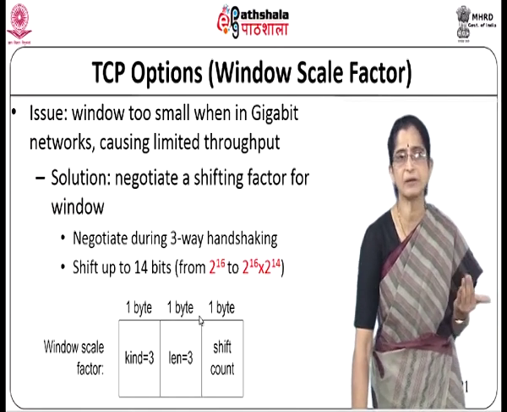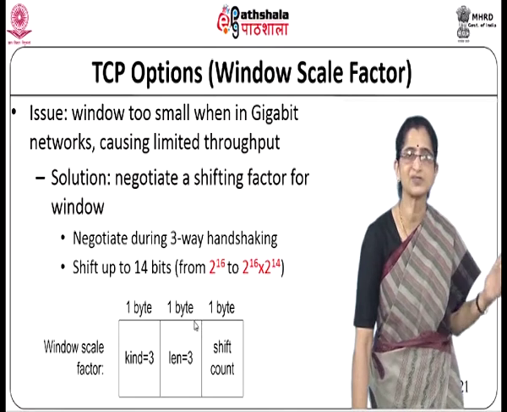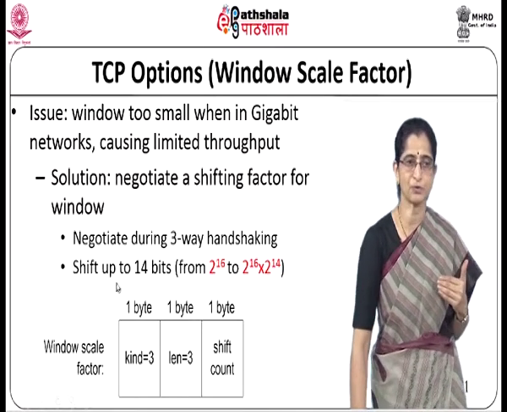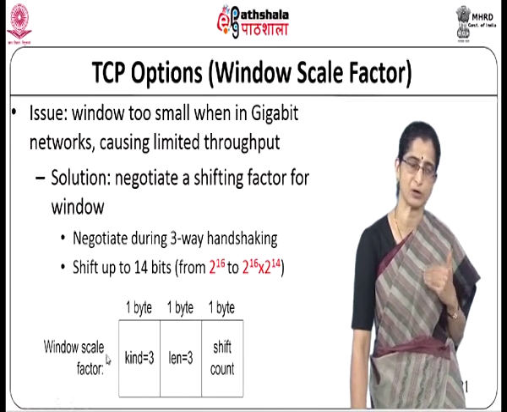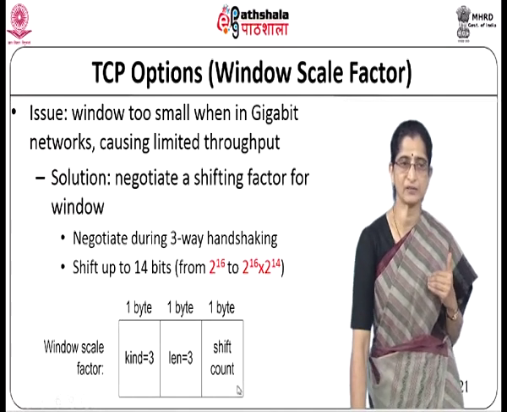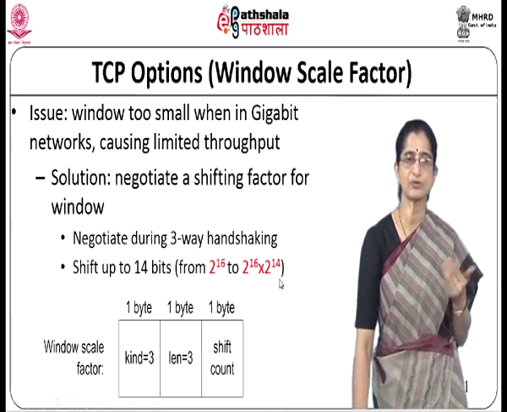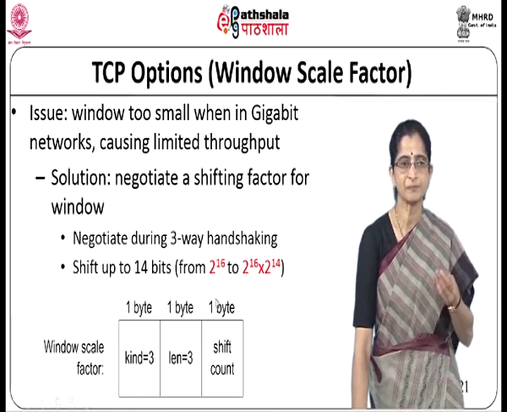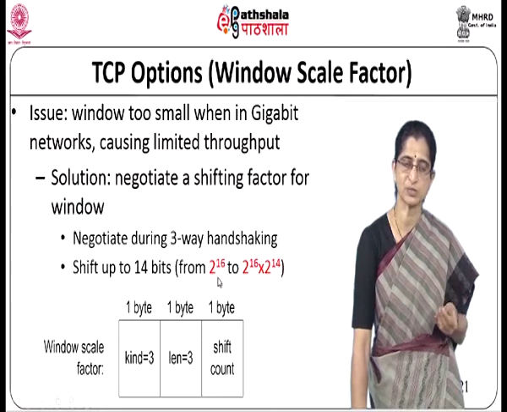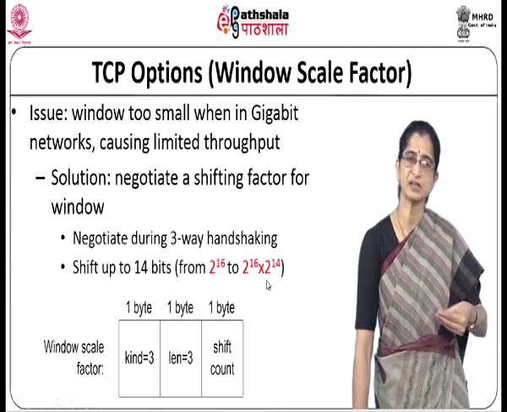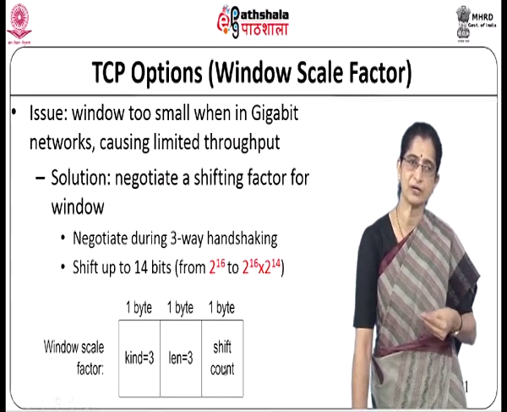The moment I multiply it by the scaling factor, I am able to support larger window sizes. This is what is supported with the help of this particular option. For the window scale factor, you specify the shift count. If you specify a shift count of 14 bits, it means that the value given in your window size, which can go up to 2 to the power 16, can be multiplied by up to a value of 2 to the power of 14.